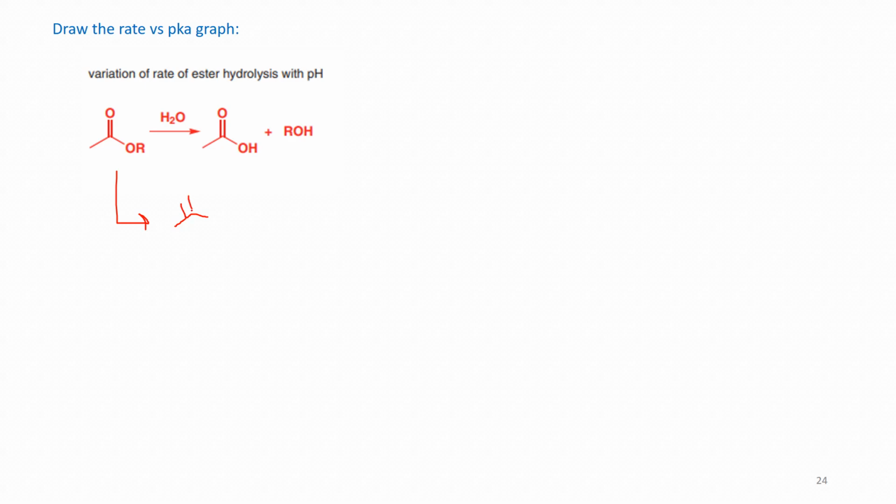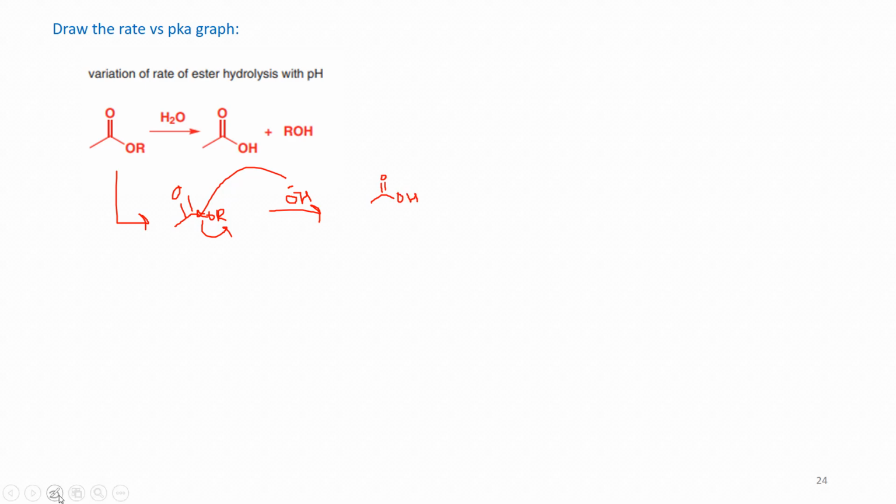One probability is in the presence of base, that is OH minus. This OH minus will attack here and remove the OR, forming acid as our desired product. So this is the mechanism of base catalysis.